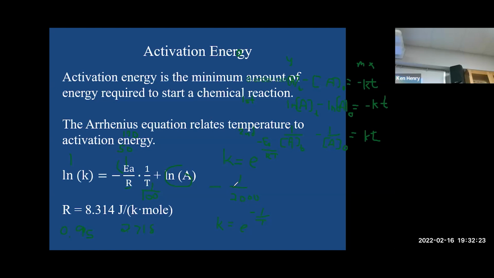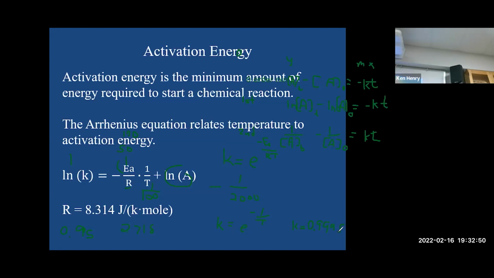So 1 divided by 2,000, and then the exponent value. So then K is 0.9995, right?